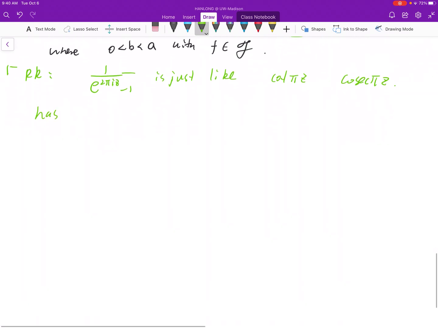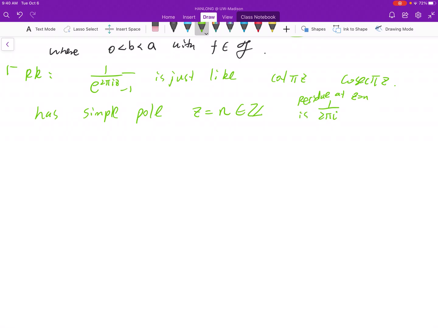So it has a simple pole at z equals n, where n is an integer, and the residue at z equals n is 1 over 2 pi i.